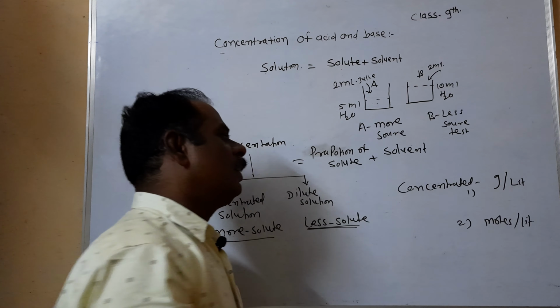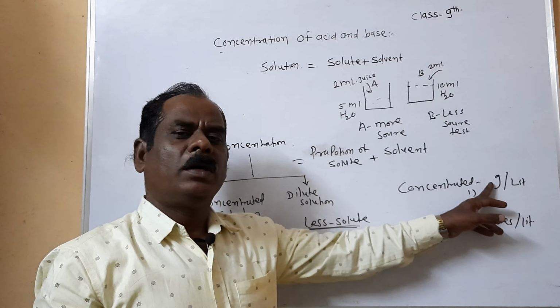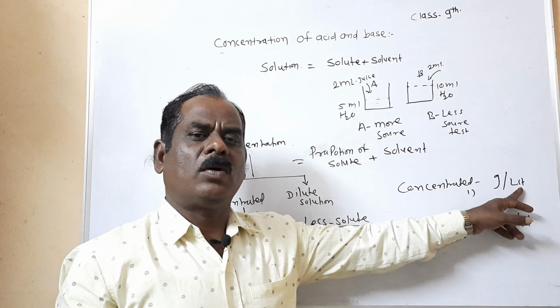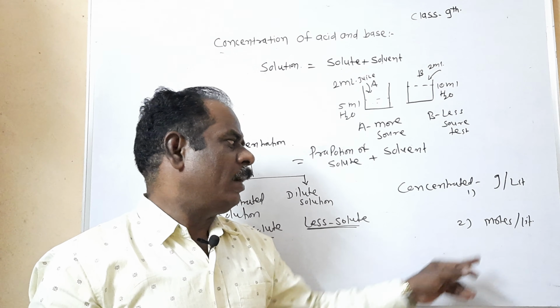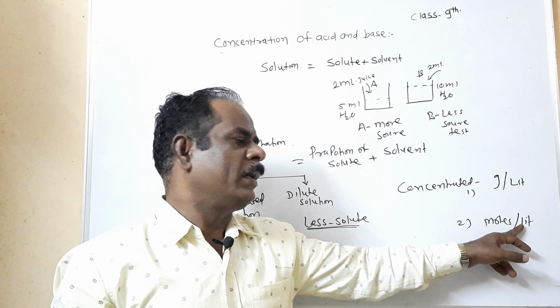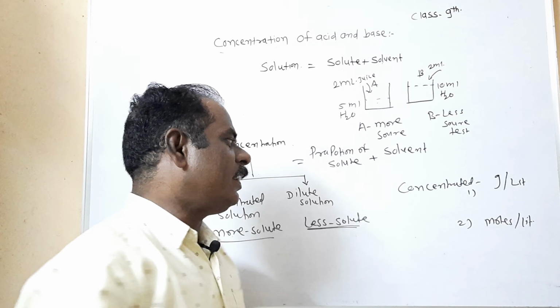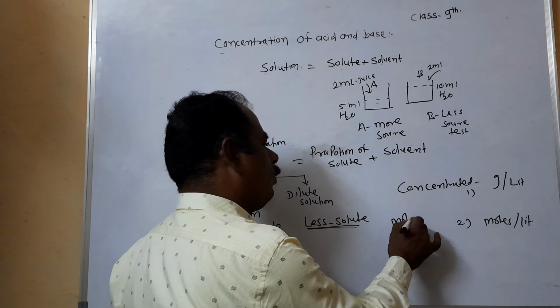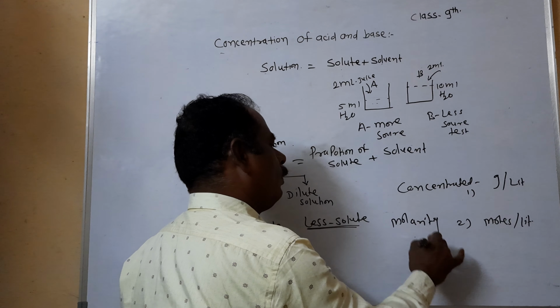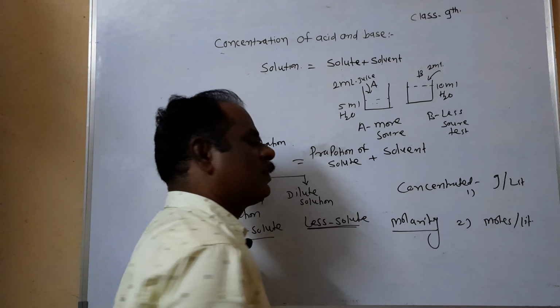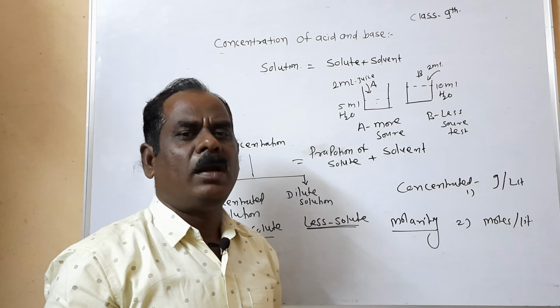Gram per liter means the number of grams of solute dissolved in 1 liter, and the number of moles of substance dissolved in 1 liter is called molarity. It is also called molarity.